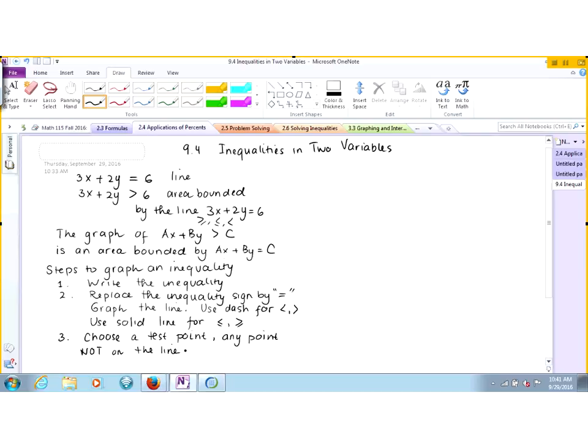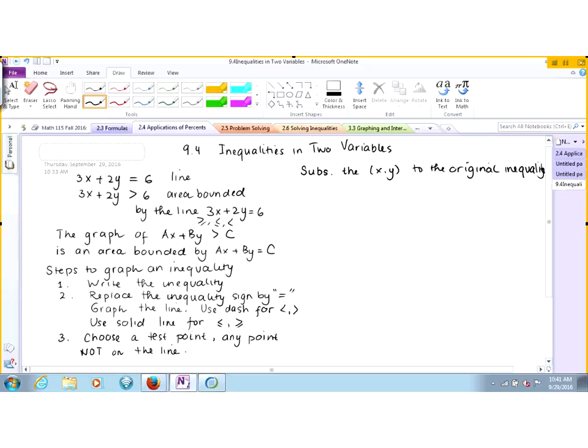Okay. All right. What do you do with the test point? Yeah, test. So substitute the values, the x and y, into the original inequality. So what happens if it is true? So if true, then what?